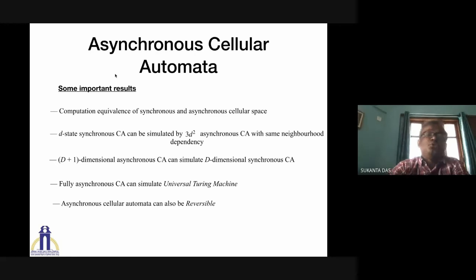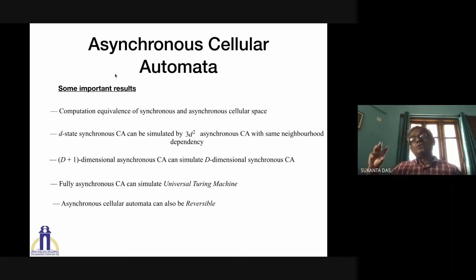And it was also shown that asynchronous CA can be reversible. What is the meaning of reversibility? The meaning of reversibility is you can go in the backward direction. We have discussed reversibility in the last few classes. A CA is reversible if it is bijective.